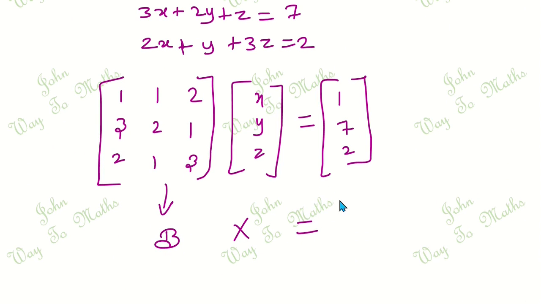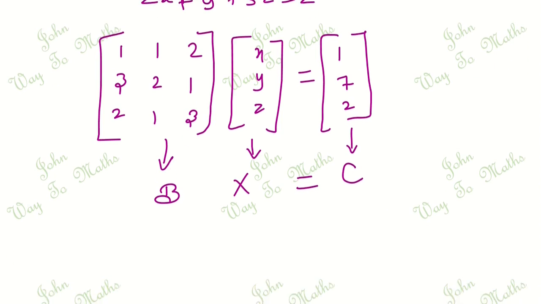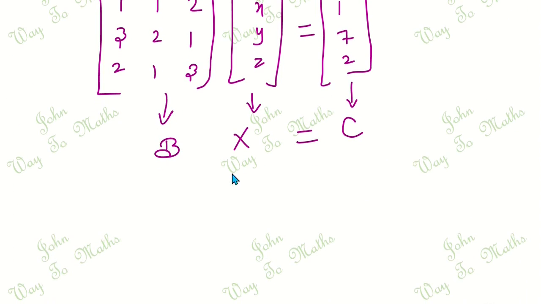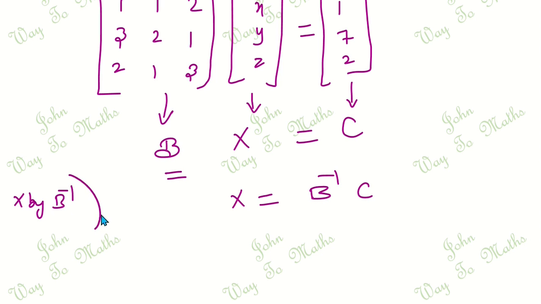This one is the C matrix; already A exists, so I'm going to give the name C. Then here I'm going to apply the matrix inversion method. So we need X only, so B goes to the right side, meaning B inverse into C. Here I'm going to apply the pre-multiplication by B inverse, so easily we get this step.